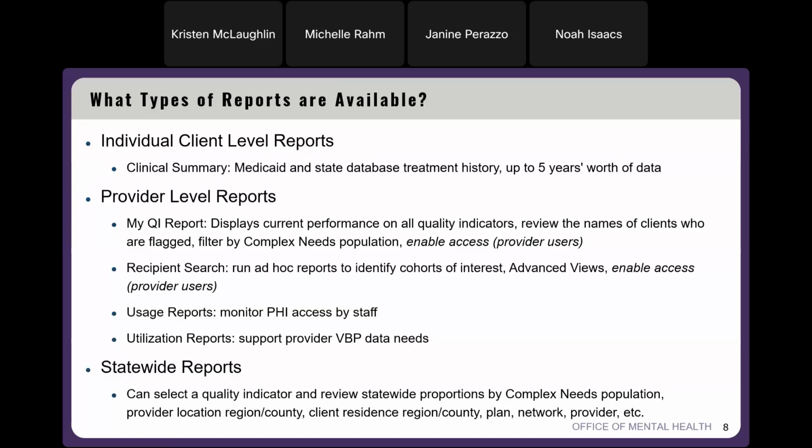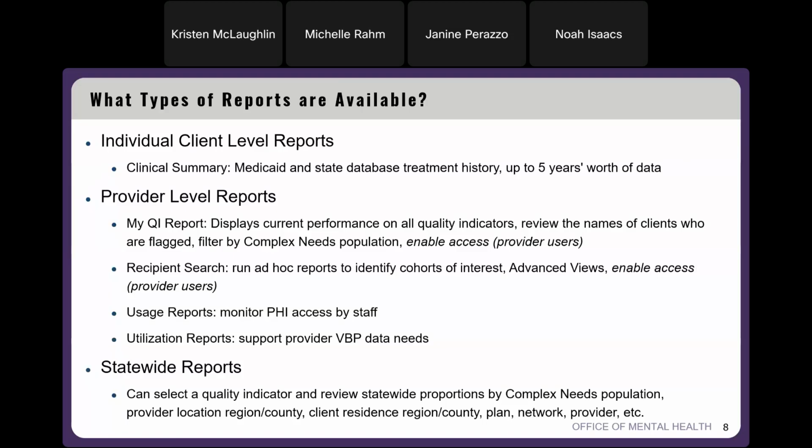So this is just a little summary of some of the reports that I touched on. The individual client level reports, that's that clinical summary where you're able to get all of that integrated data sources in that one view for over 5 years worth of information. But then we have some of this more population provider level report.